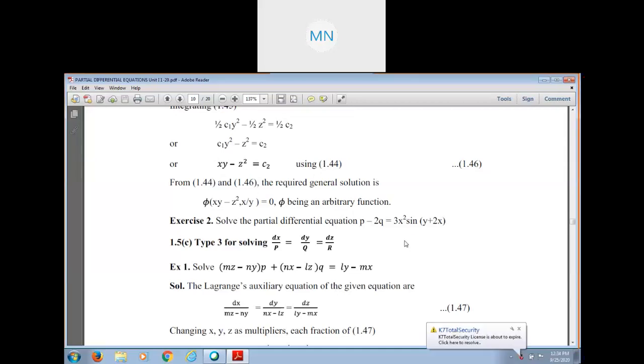Try to solve them. If you come across any doubt, tell me. But first you have to try. And write this question also. Try to solve that one.